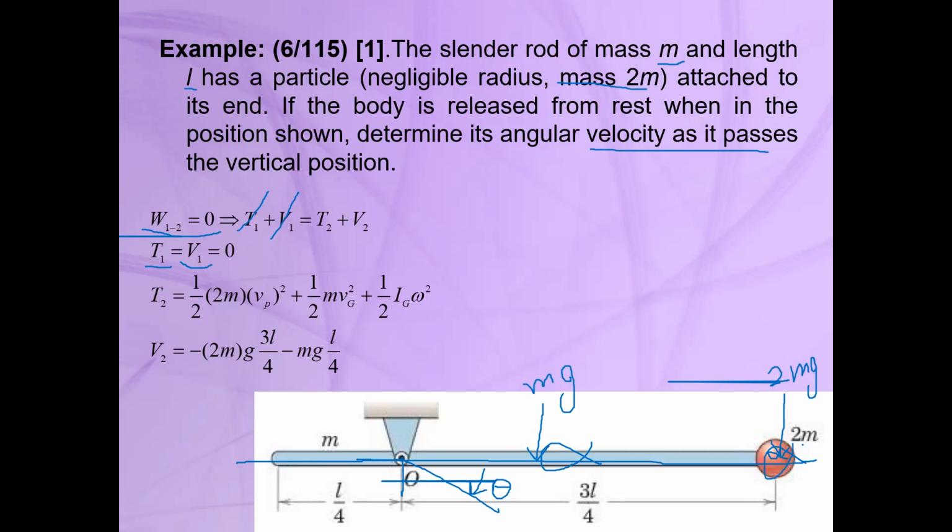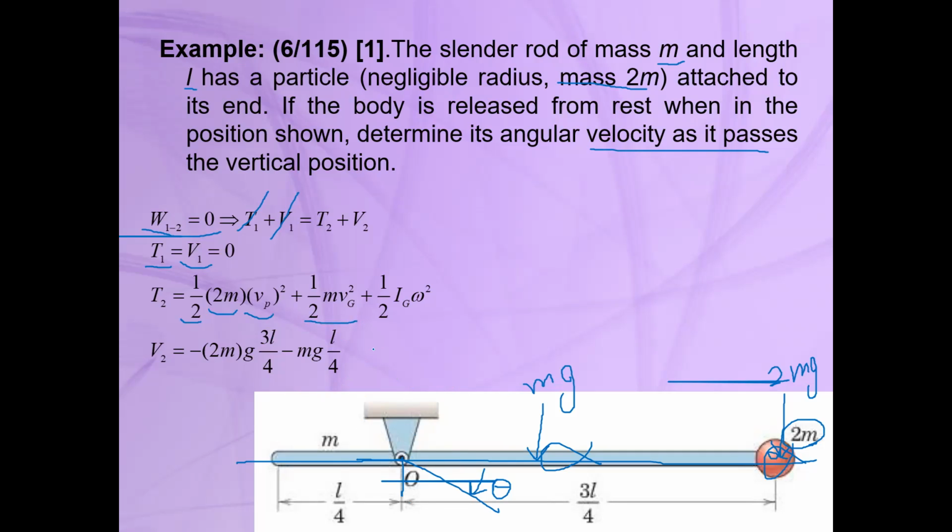The mass is 2m, so we have half times 2m times Vp squared, where Vp is the velocity of the particle. Plus now we can write the kinetic energy for the slender rod, which is half times the mass times the velocity of the center, because here we have rotation.